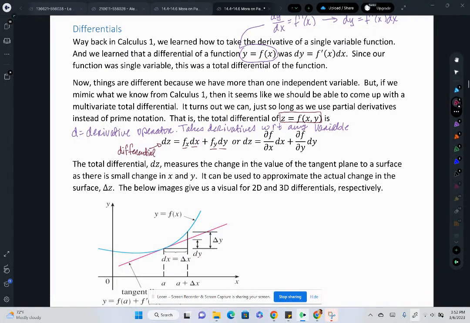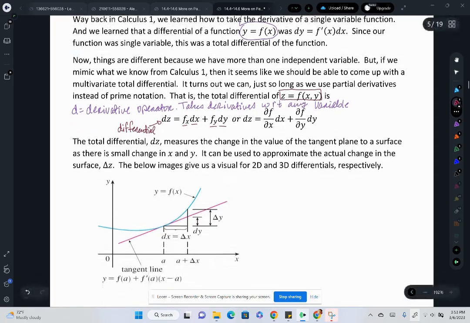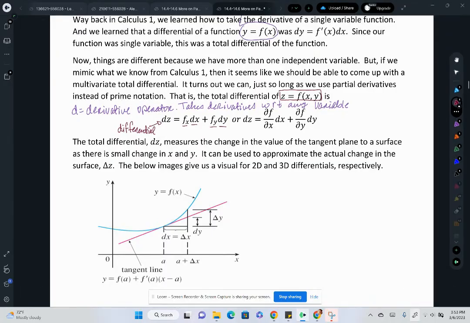But the differential dz is basically telling us the amount of change that occurs in a tangent plane when there is change in the x and the y values. That's what dx and dy are representing. I'll show you in an example where we're working with the differential operator and what we do with it.